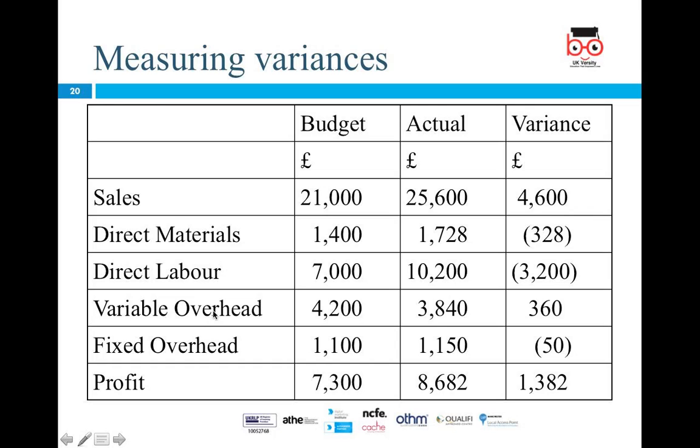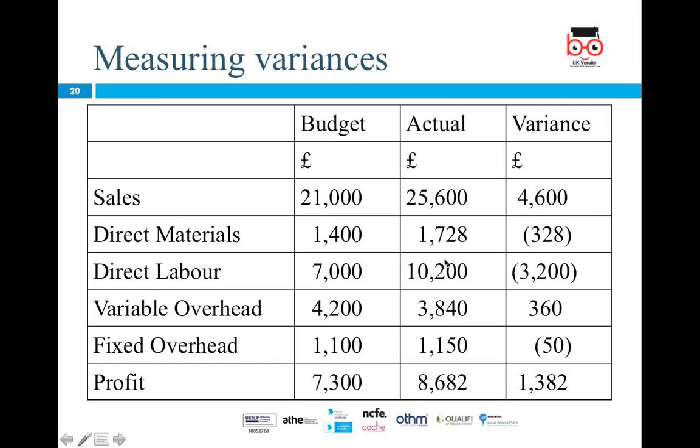If it is increased, that is favorable. If it is any kind of cost, like materials, labor, or overhead, and it increases, that is adverse. It increased from 1,400 to 1,700, a difference of 220, because it's a cost. So that's an adverse variance.